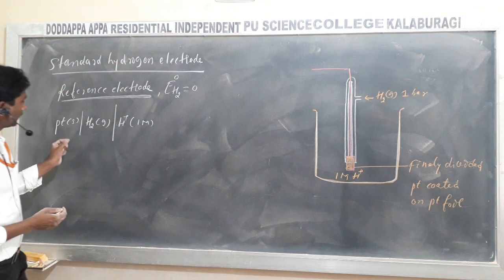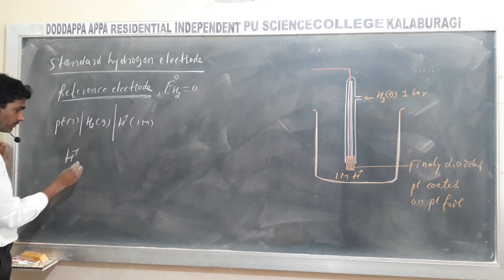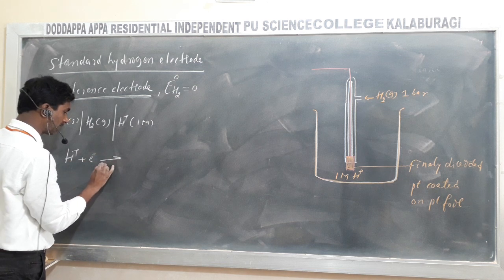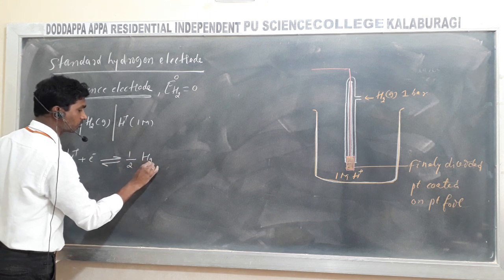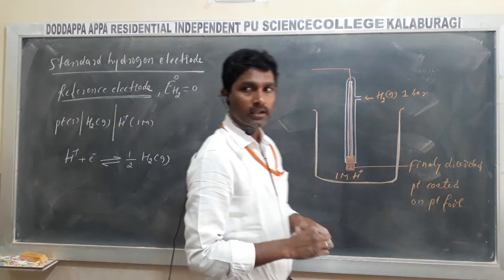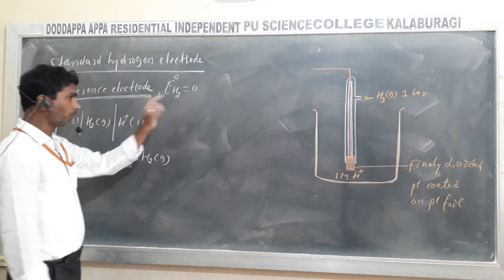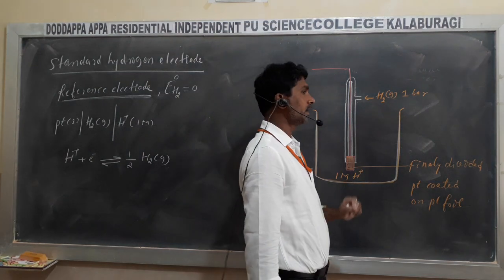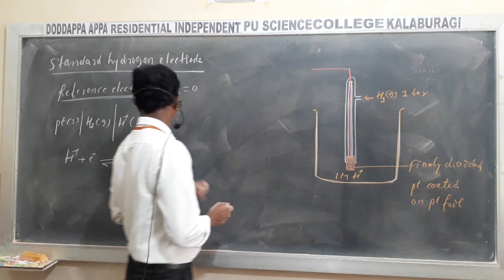And next, the reaction that takes place: H plus takes an electron, where the equilibrium is set up, and it forms 1/2 H2 gas. The hydrogen electrode develops a potential equal to 0 at a pressure of 1 bar, and the concentration of solution is 1 molar.